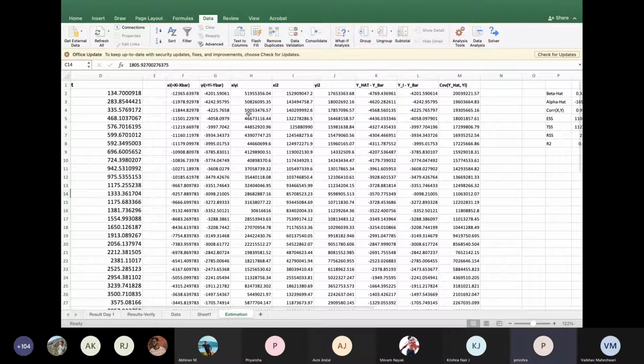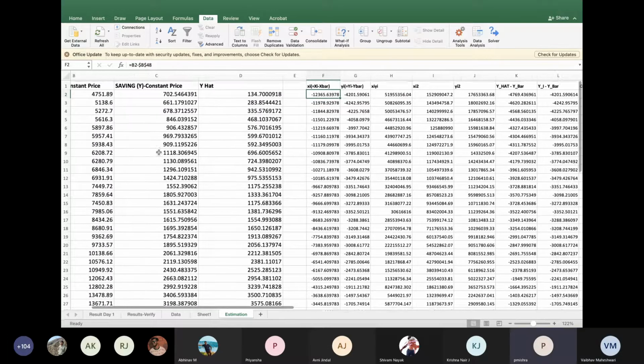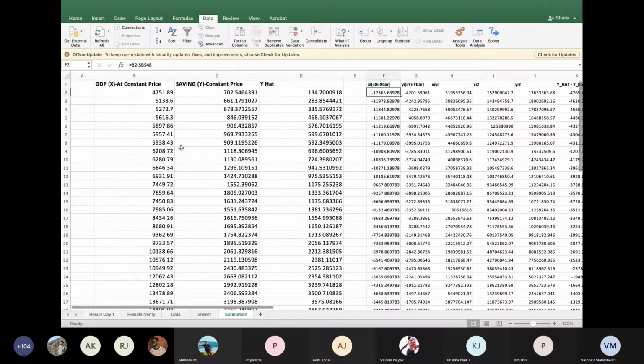What we have done here, we have derived small xi, isn't it? Yes, sir. Just look at column F, small xi. How to get it? B2 minus average, I minus average. But here there is one very important point, because average is the given value, we need to fix it.